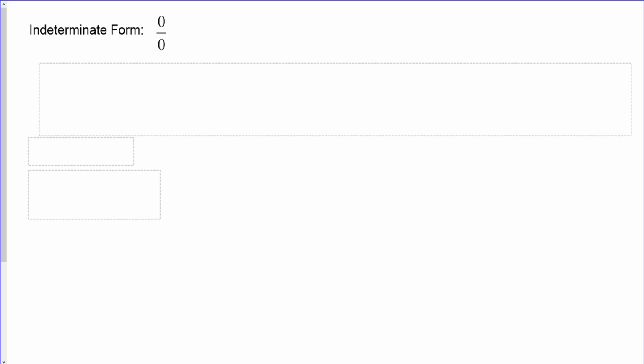Now, if you plug in the value that is your limit value and you come up with an answer, you're done. You just get a real number and you're finished. However, if you don't get a real number, if you do happen to run into division by 0, then it's possible that you run into this sort of thing.